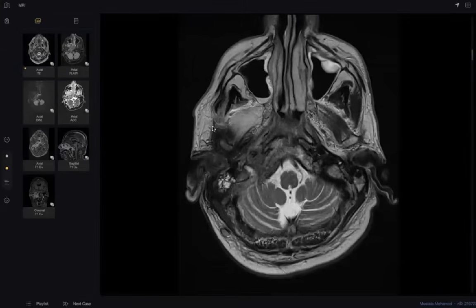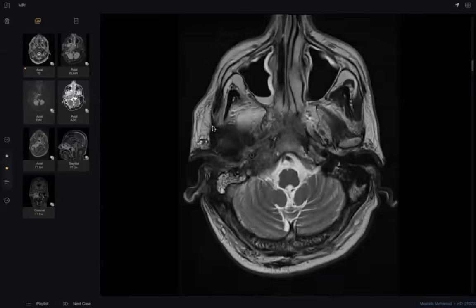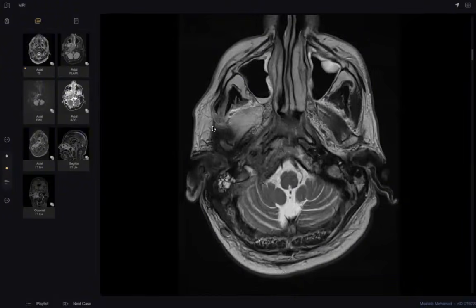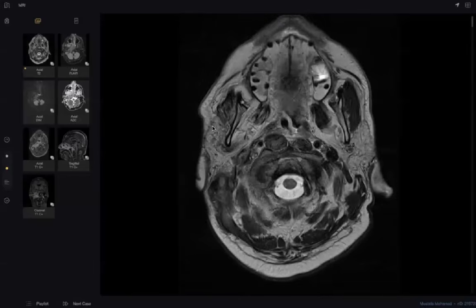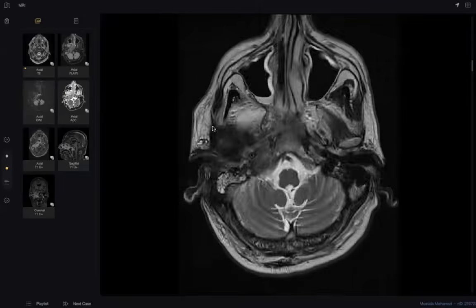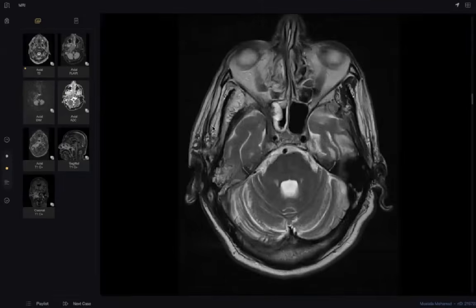There is a high T2 signal noted at the mastoid and around the external auditory canal as well. It's a bit difficult while not scrolling.